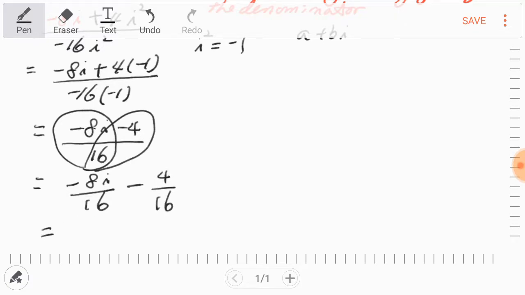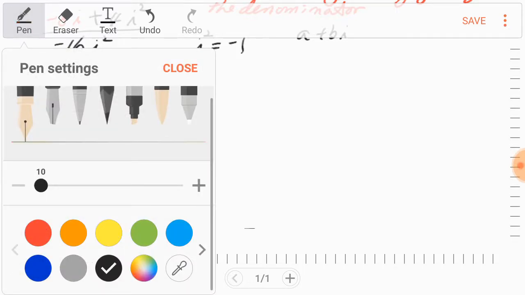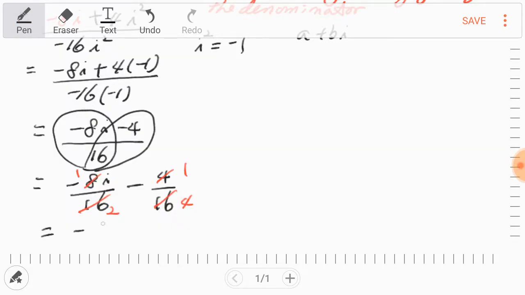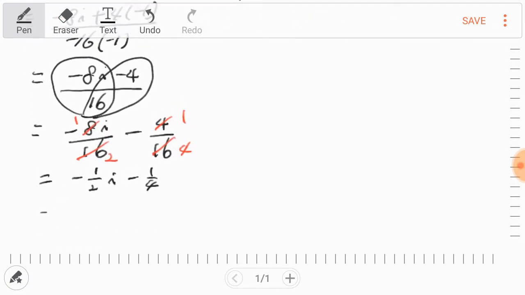And we can reduce it. 8 over 8 is 1, 16 over 8 is 2. 4 over 4 is 1, 16 over 4 is 4. So this is equal to negative 1 over 2 i minus 1 over 4. And writing the real number first, negative 1/4 minus 1/2 i.